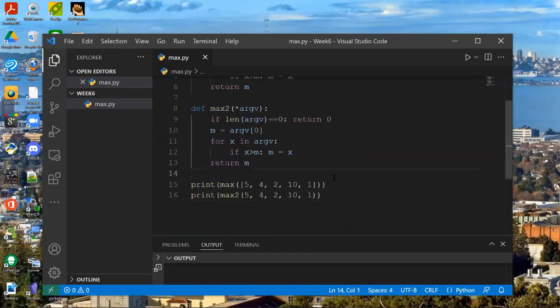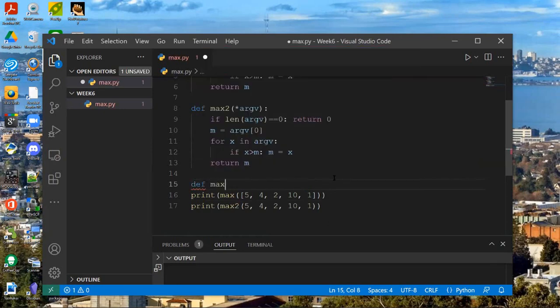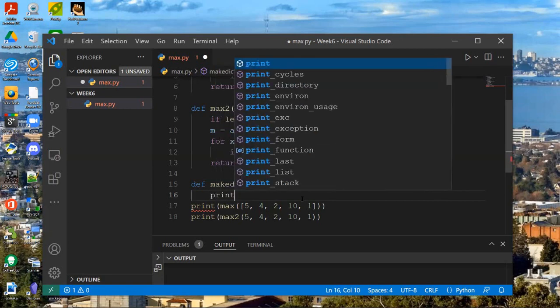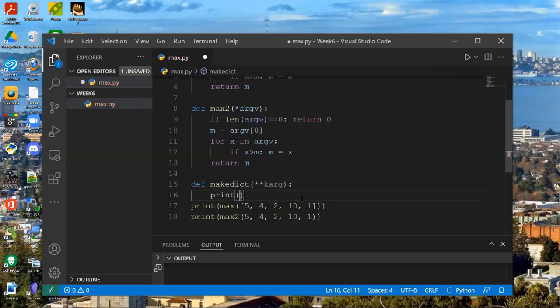When you get two stars, so you get two stars, so define maximum. Okay, this one is not maximum. So actually, let's make a dictionary with star kwargs. This one will create a dictionary. So let's just print the kwargs and look at it.